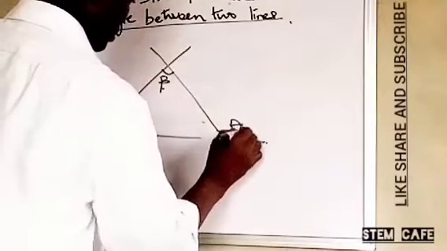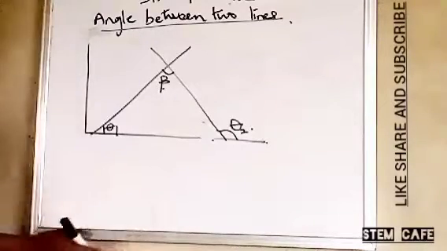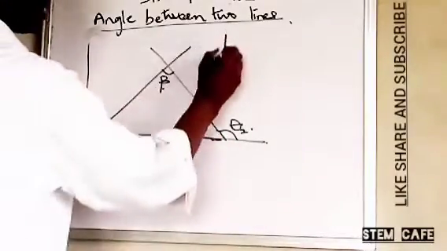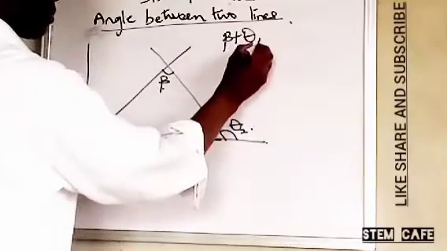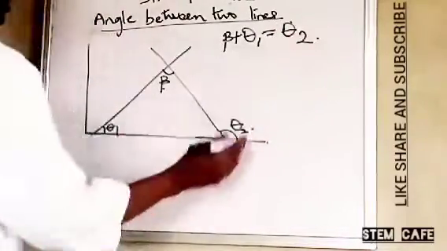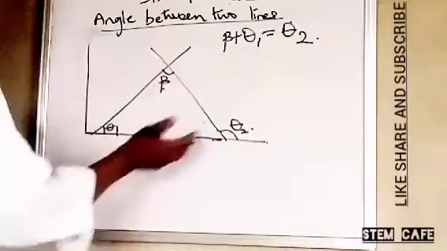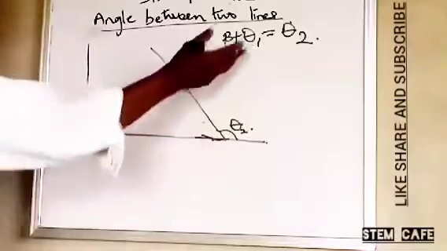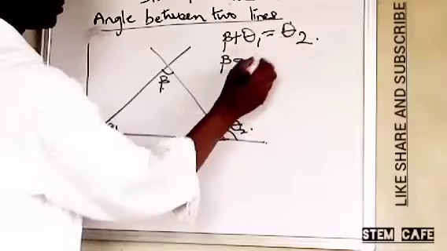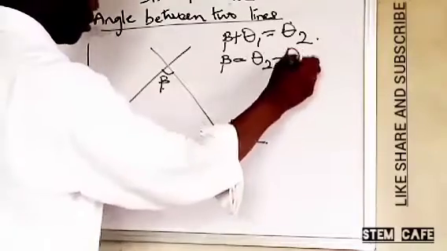By our knowledge of triangles, we don't need to prove that, beta plus theta 1 is equal to theta 2. That is, the sum of the two interior opposite angles equals this external angle. So beta will be equal to theta 2 minus theta 1.